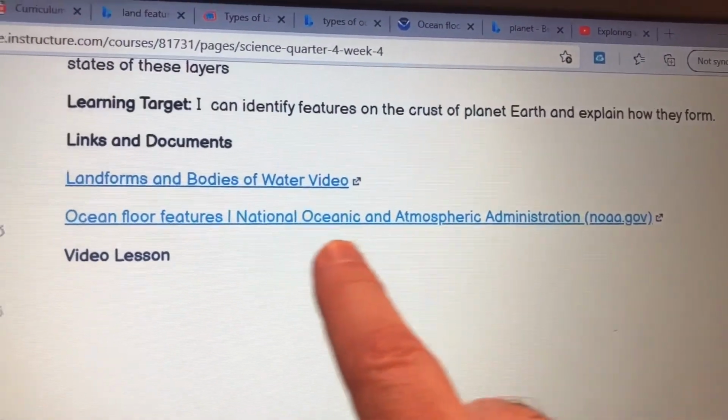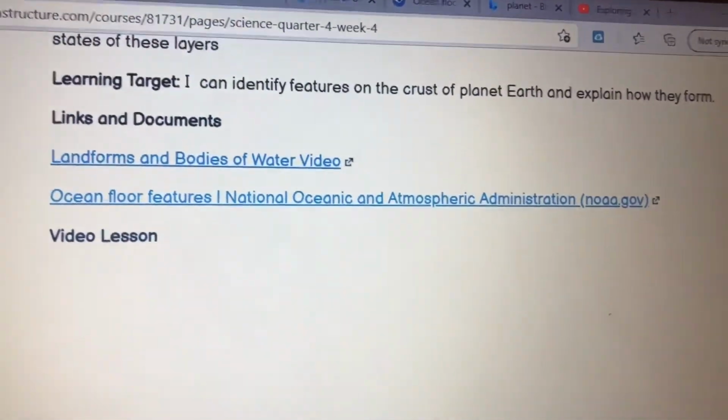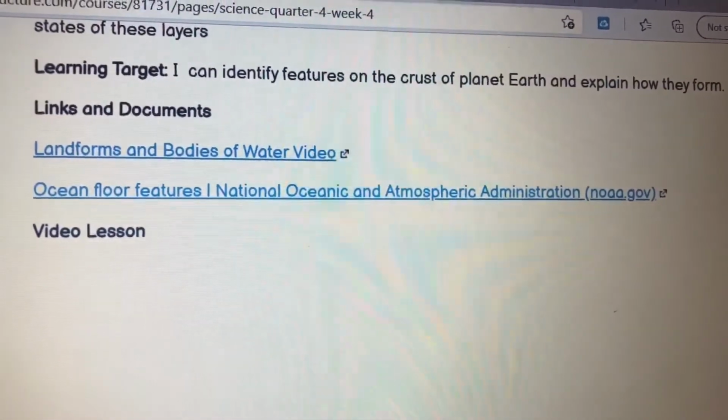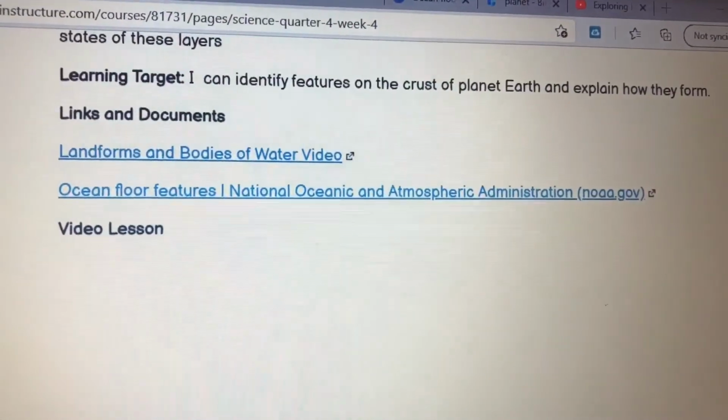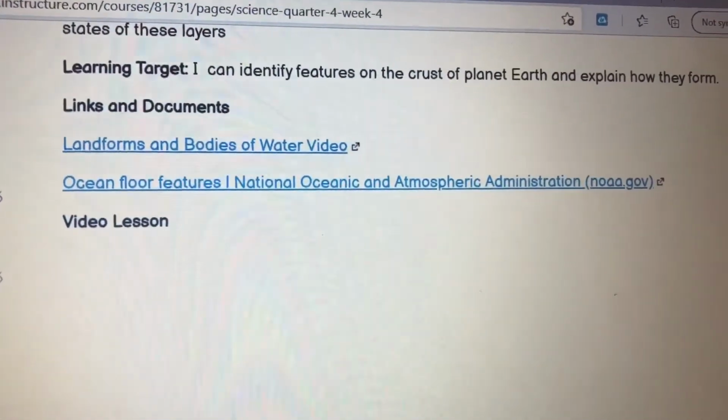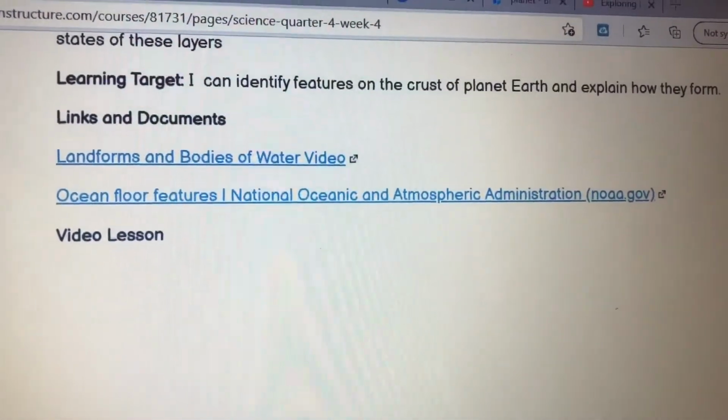You're going to click on that site and read, and you are going to do the same thing that you did with the video. Write the name of the feature and also a quick, short description of the feature, okay? So time to read and write, okay?